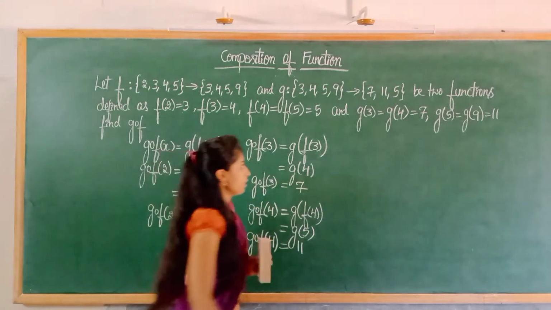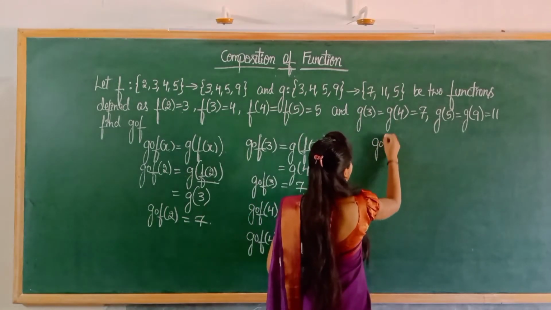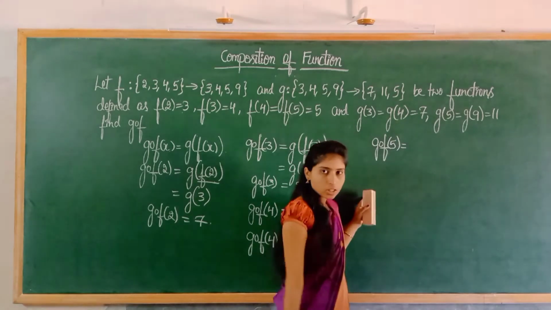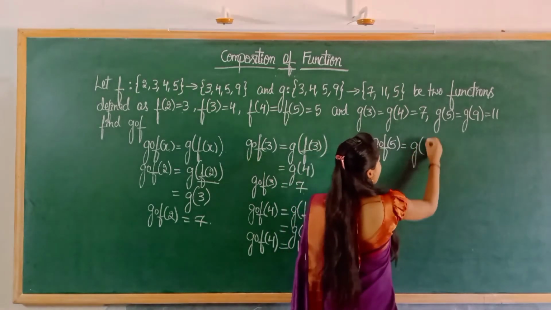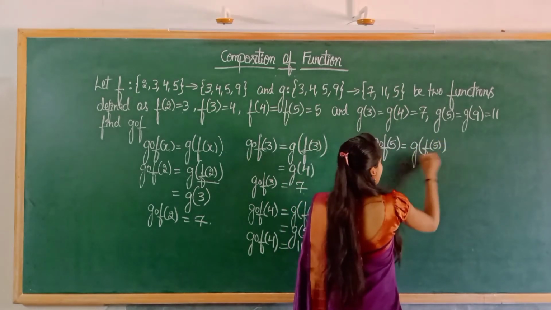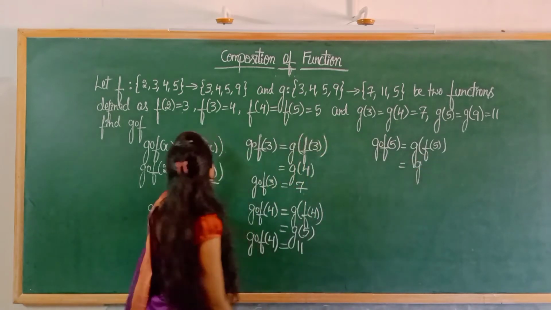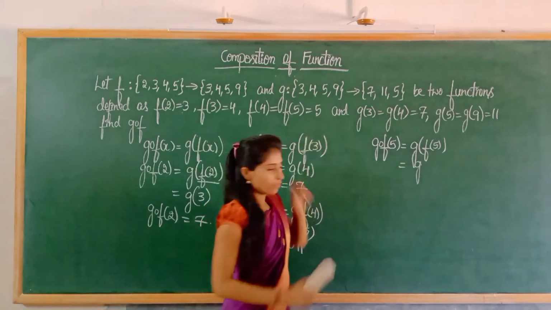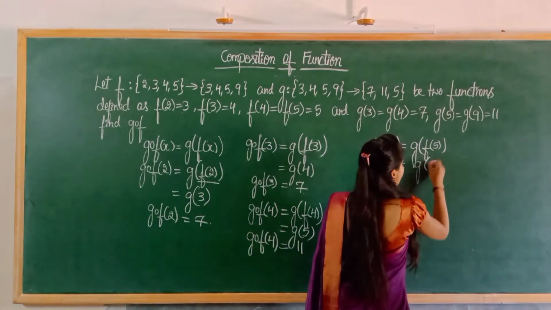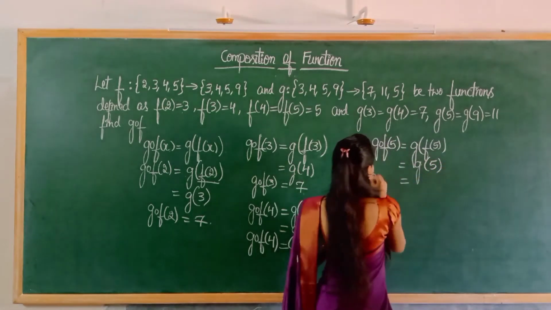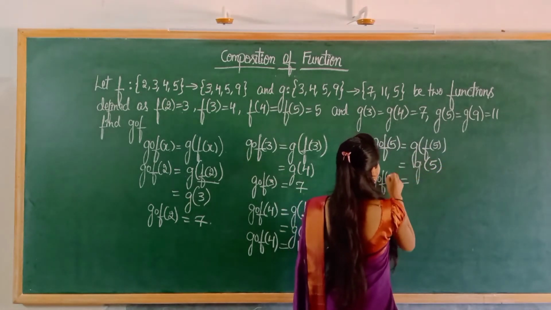The next is g of f of 5. The value of f of 5 is 5 only, so g of 5. Then the value of g of 5 is 11. So g composition f of 5 is 11.